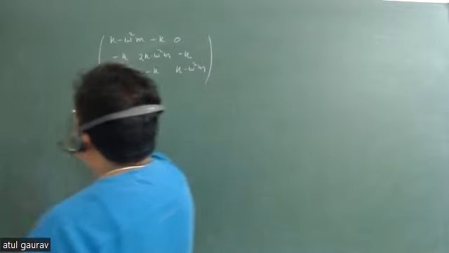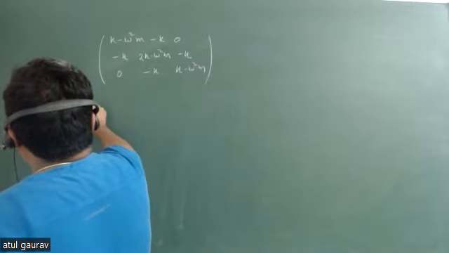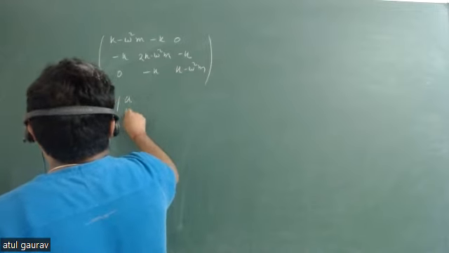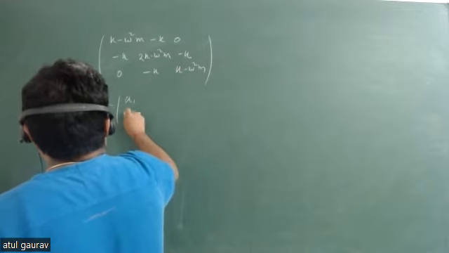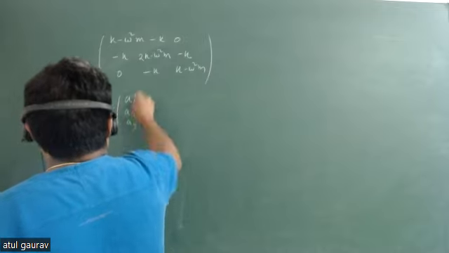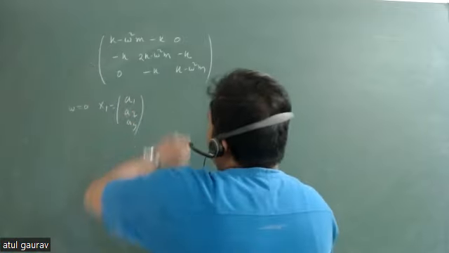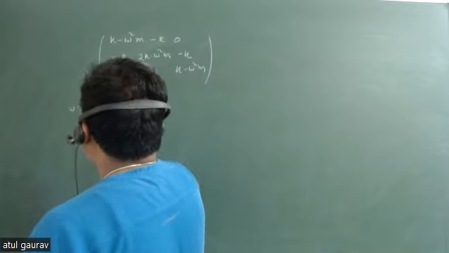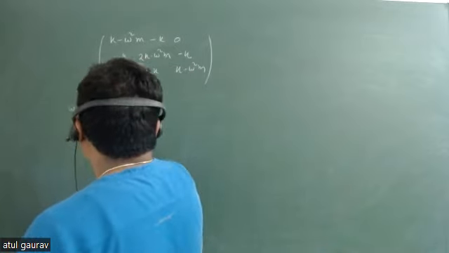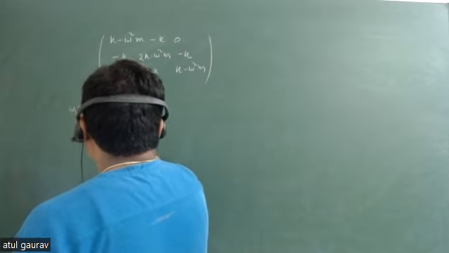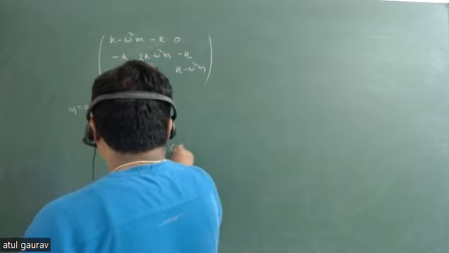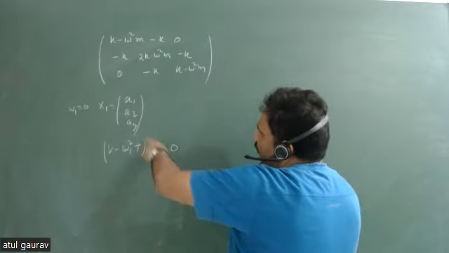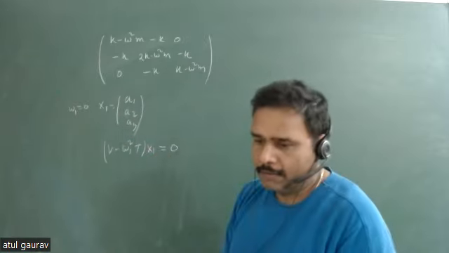So let us assume omega is equal to 0. I have one column vector, that is A1, A2, A3, which will satisfy the equation. And what is that equation? V minus omega 1 squared T x1 is equal to 0. And then we have to find the value of A1, A2, A3 from this particular condition.